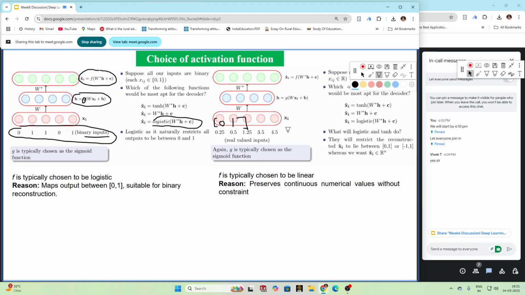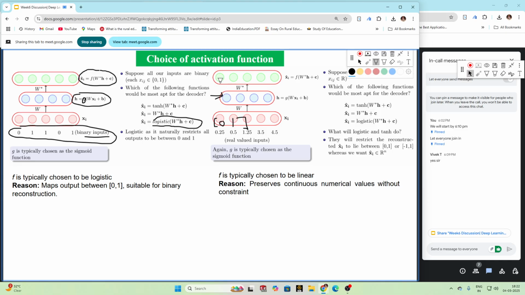The second case is when we are talking about real input. In the encoding layer, generally we can use the logistic function or any sigmoid function. Why? Because we want to capture the significance of the data in a small range. That is why we generally use the logistic function in the encoding layer.